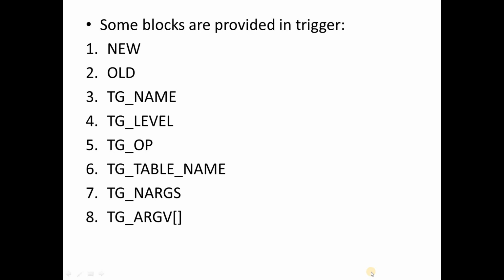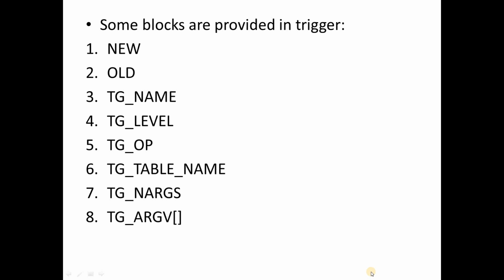Then the second variable is OLD, and this OLD variable holds the old value which is present in your database. It is applied whenever you perform an update or delete operation on a database. Whenever any record is updated, the previous record, the old record, is stored in this OLD variable. Or if any record is deleted from your database, then the deleted record, that means the old record, is stored in this OLD variable.